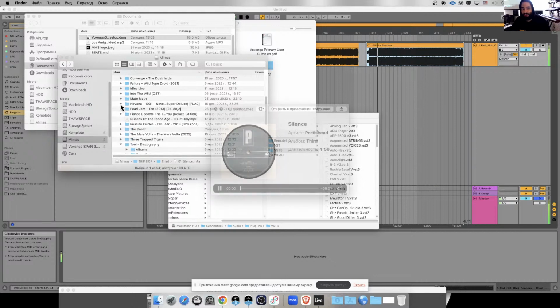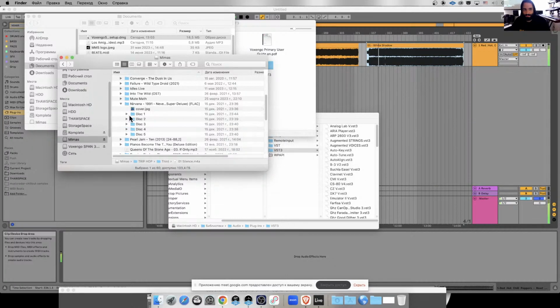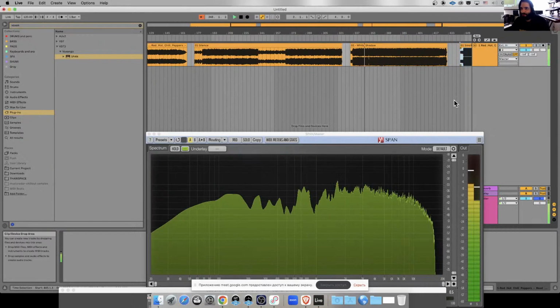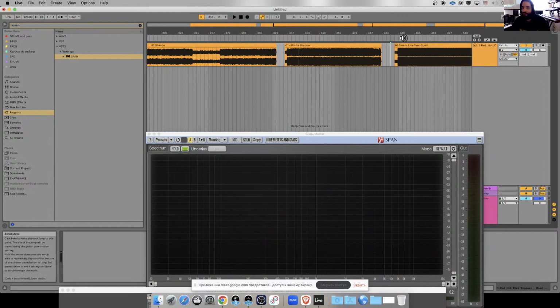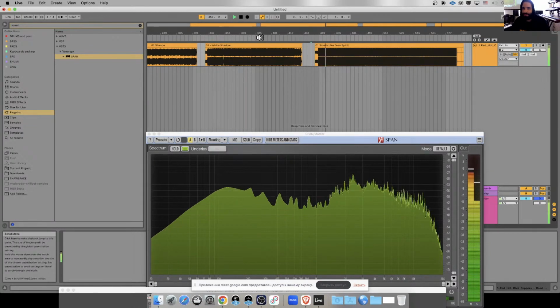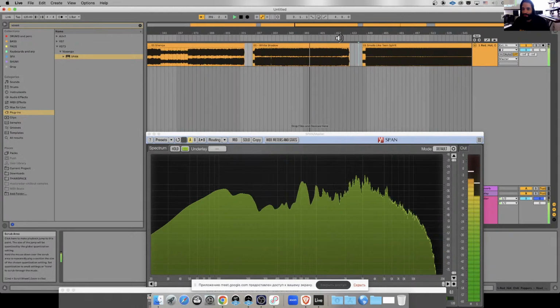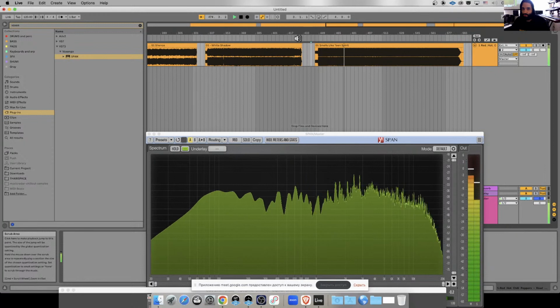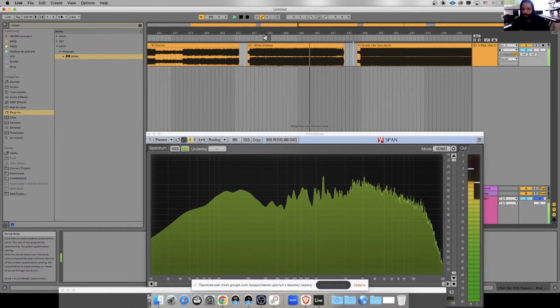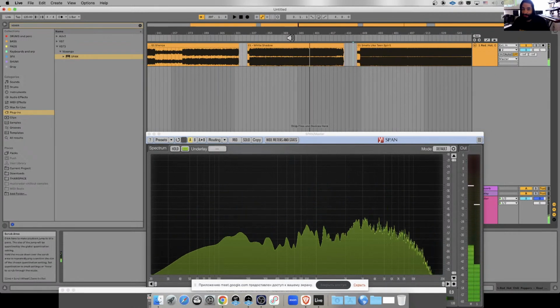I'm going to compare it with Nirvana. Wow, I didn't know that Ableton can play FLAC, by the way. These are such different mixes. It's crazy.